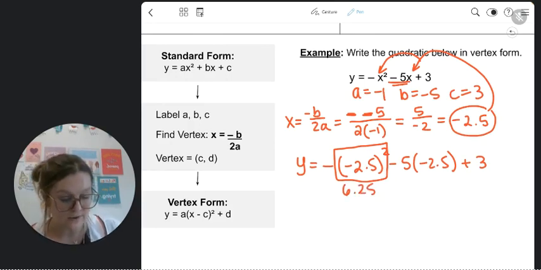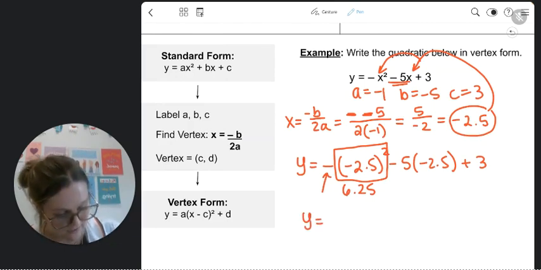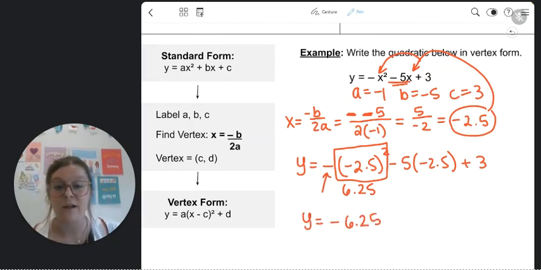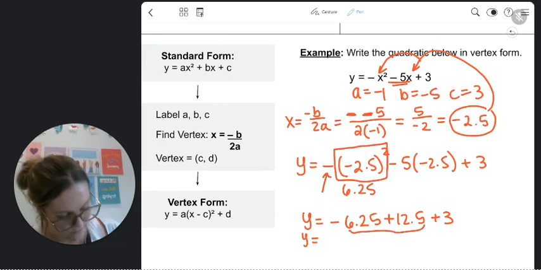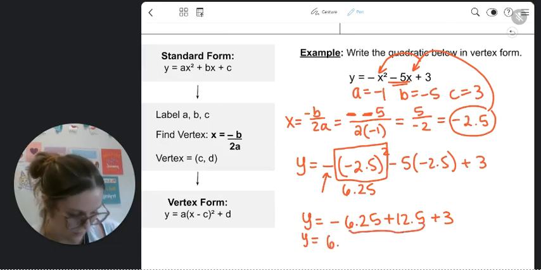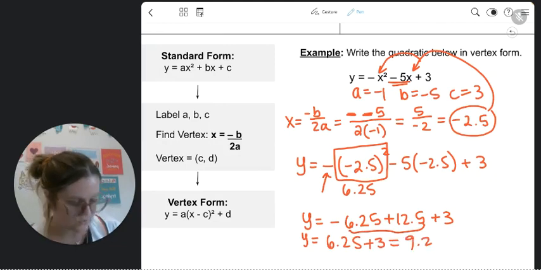But there's also a negative in front, so y is equal to negative 6.25 because I applied the negative there. When I multiply those two together, I get a positive 12.5 and then plus 3. Combining everything, I'm going to add and subtract from left to right, so I get negative 6.25 plus 12.5 is 6.25 positive, plus 3, and that will give me 9.25.